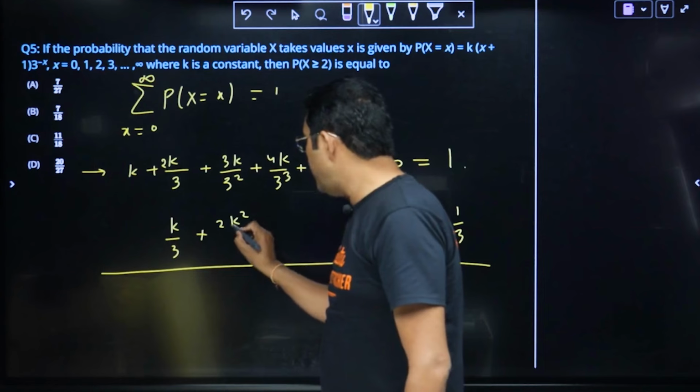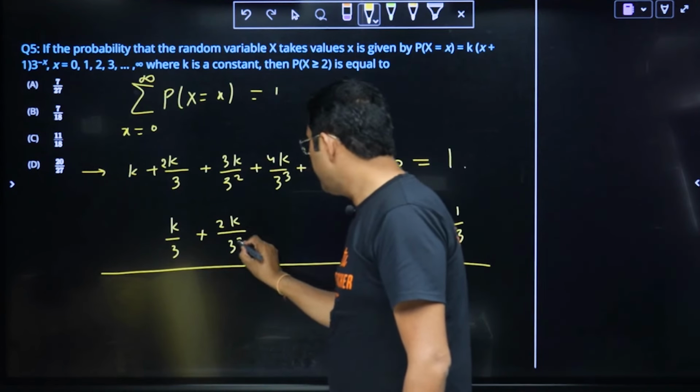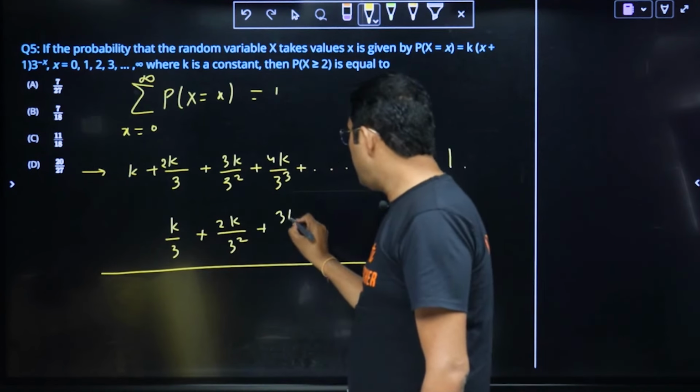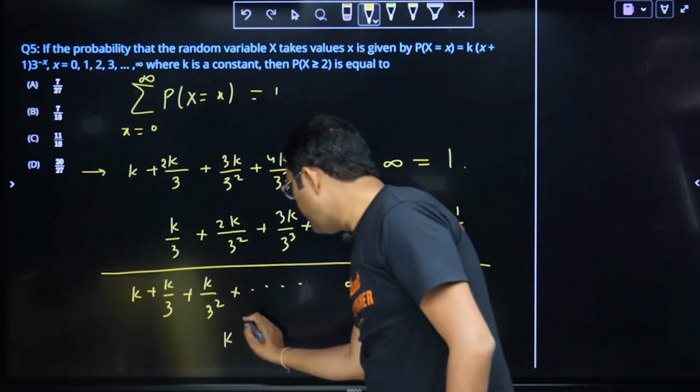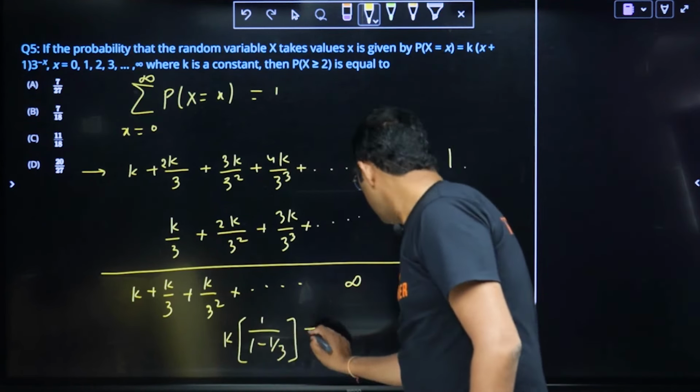Similarly, it will be 2k upon 3 square, then 3k upon 3 cube, and so on up to infinity. If you take the difference, you will get k plus k upon 3 plus k upon 3 square, and so on up to infinity, and that will be equal to 2 by 3. If you take the summation here, it will be k into 1 upon (1 minus 1 upon 3), and that is equal to 2 by 3.